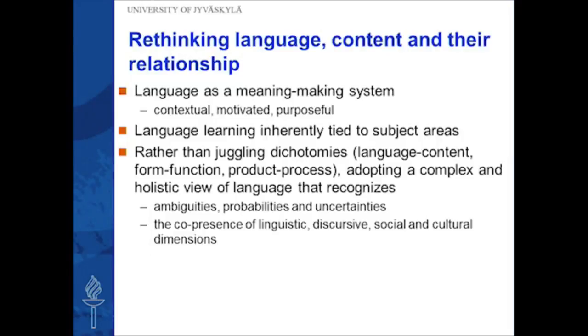Something that I also liked a lot was that these dichotomies were mentioned, but they were not the main concern in any presentation: language, content, form, function, product, process. I think this idea seemed to come through, that all of these are seen as important parts when we deal with language as a social and functional phenomenon.